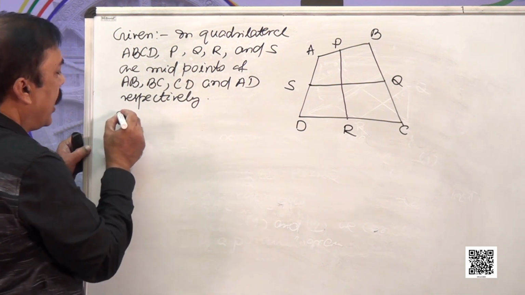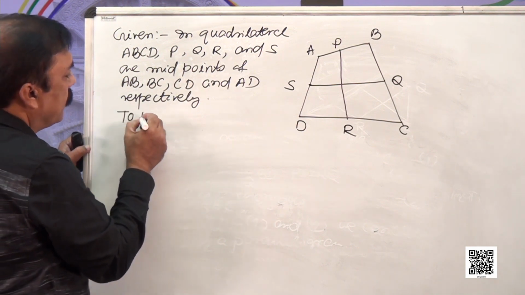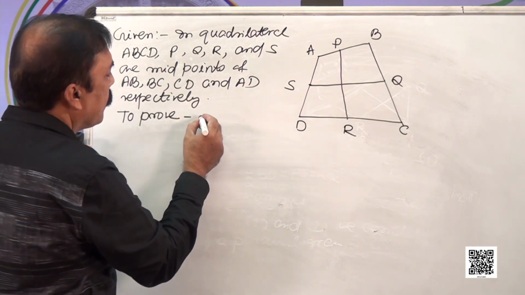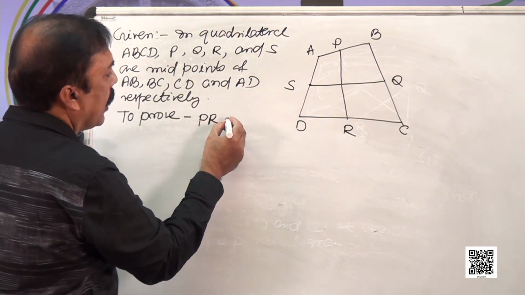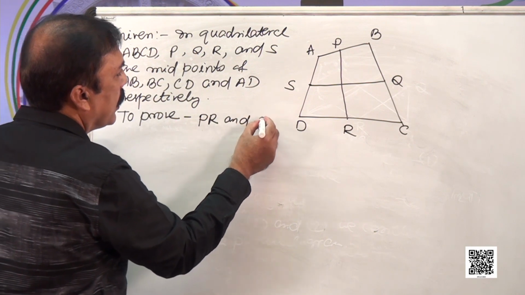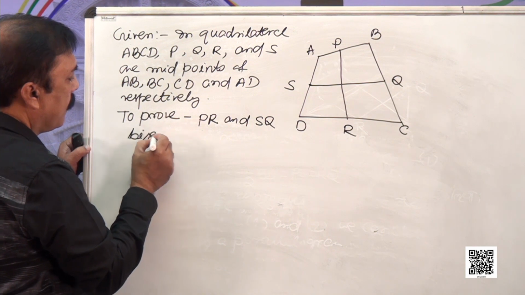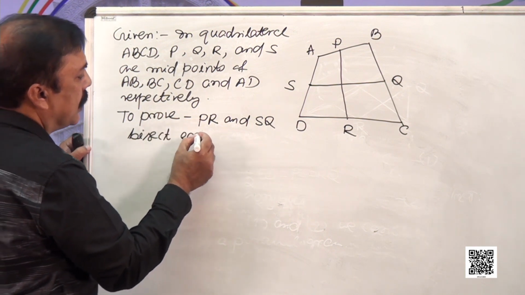We have to prove that PR and SQ bisect each other.